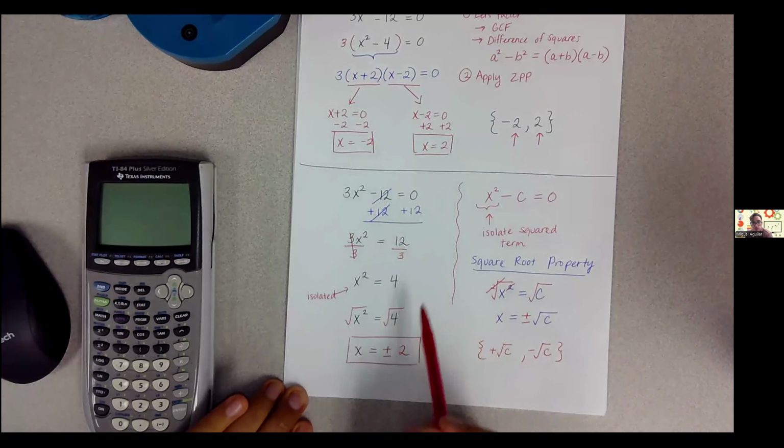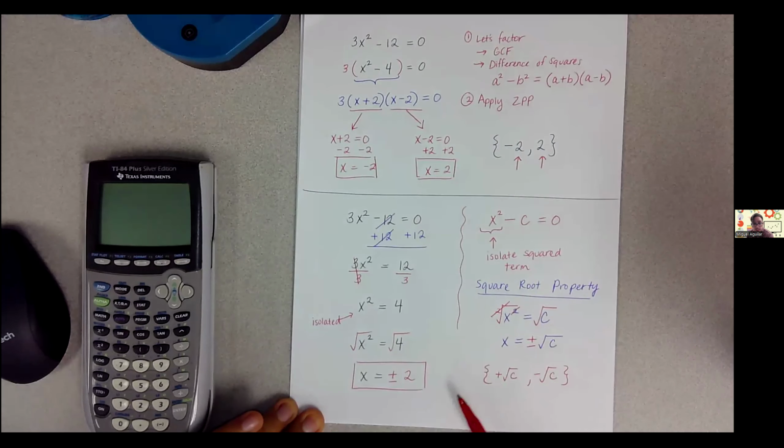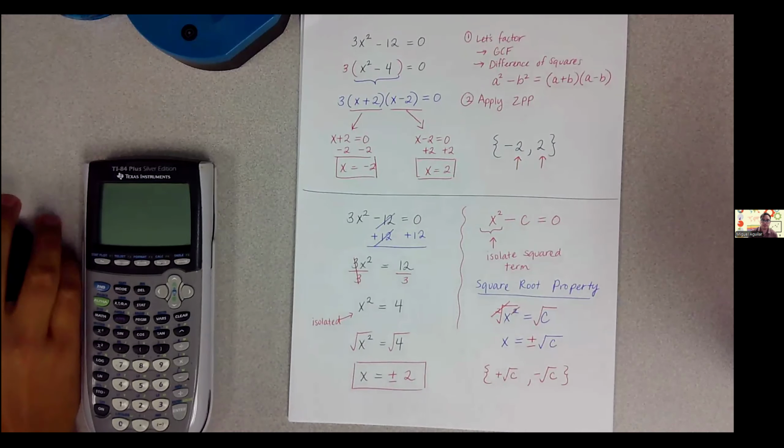So either way you approach this, whether it's by factoring or by using the square root property, you will get the same solution. Okay. But the reason why we're introducing the square root property right now is because not every quadratic equation that you encounter is going to be factorable.